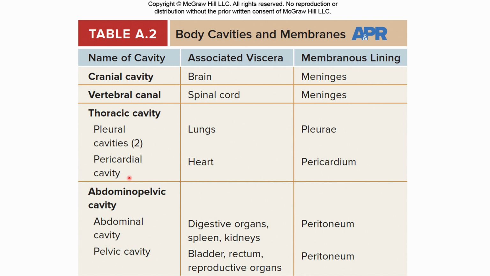In the pericardial cavity we find the heart, and the heart is lined by pericardium, and we also have our mediastinum. Then we have our abdominopelvic cavity, which is made up of the abdominal cavity and the pelvic cavity, and they are lined by peritoneum. All right? We need to know our body cavities, the associated viscera, so the associated organs, and the membranous lining. We will know that.